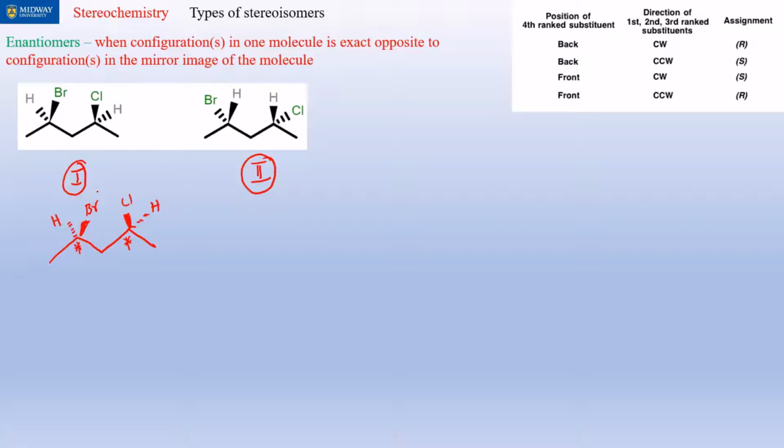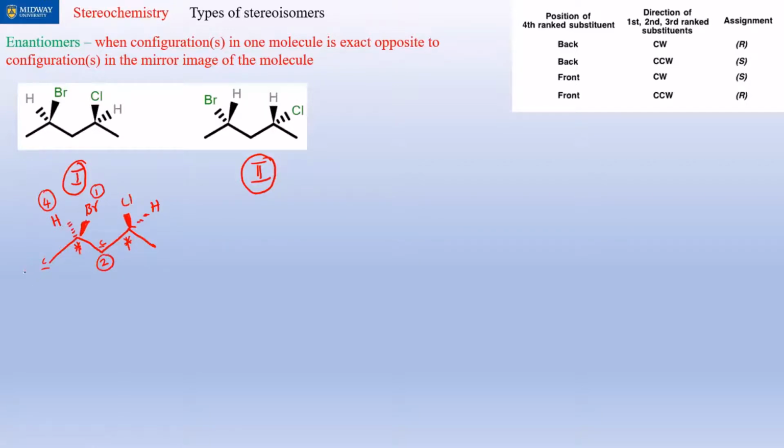Now, how do we assign priority? With respect to this carbon, the first point of contact is Br for this one, so that's 1. By default, hydrogen is always 4. Between these two, this is 2, because, as I explained earlier, they're both carbon attachments at the first point of contact, but this is attached to hydrogen and a whole bunch of other things, whereas this is only attached to hydrogen, which makes this a bigger group.